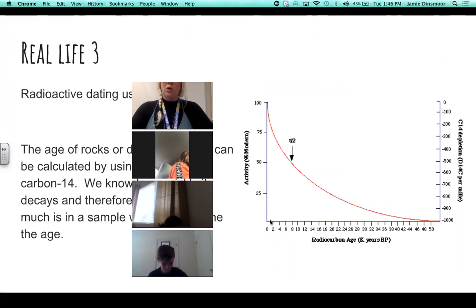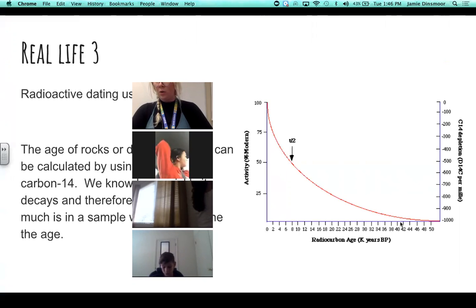So, for example, when something is fresh, brand new, there will be 100% carbon-14 present, right? And after, let's see, 8.5, maybe 9 years, we will see only about 50%, looks like it's around 10, of that carbon-14 left, right?